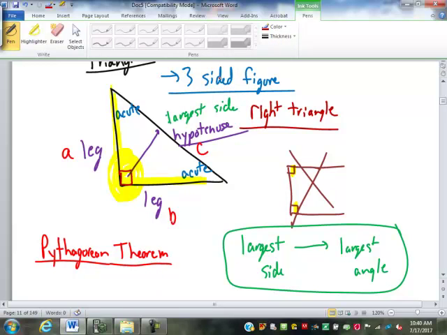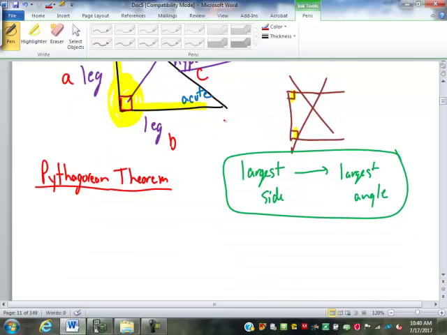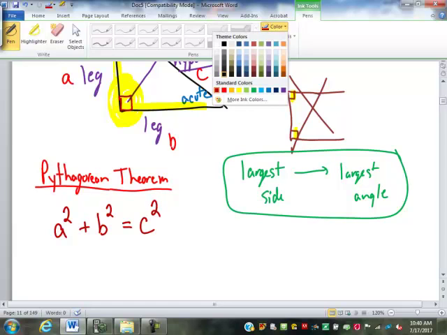And what it states is, if you take the length of one leg and square it, and the length of the other leg and square it, if you add them together, you will get the length of the hypotenuse squared.